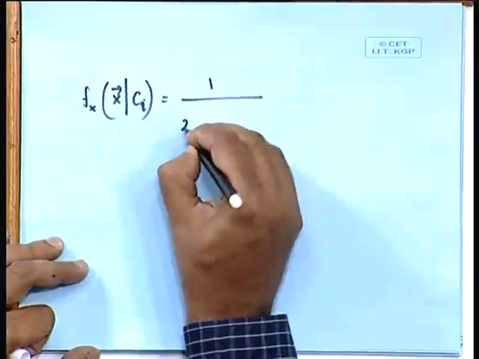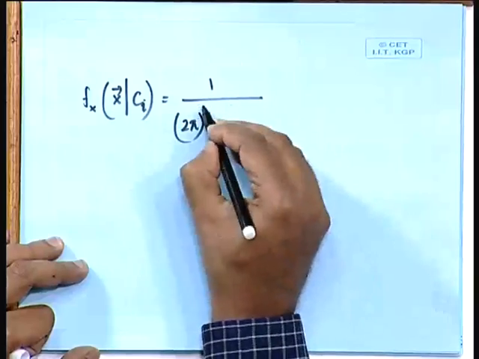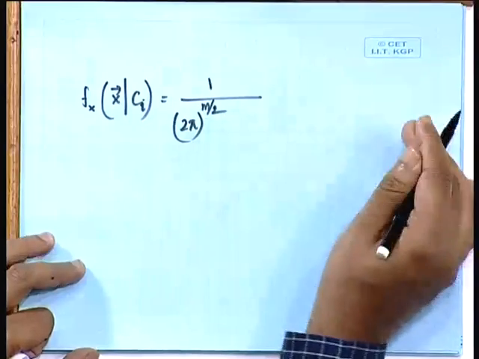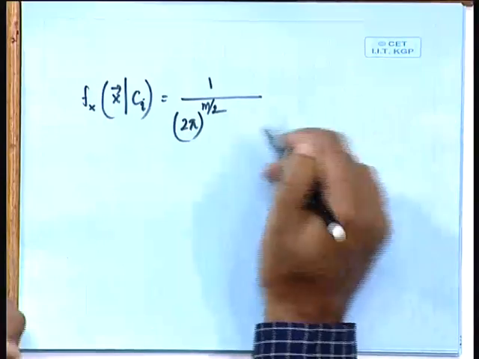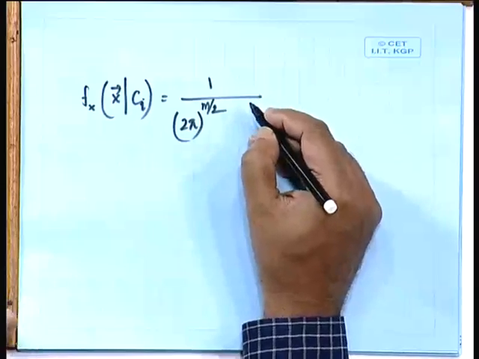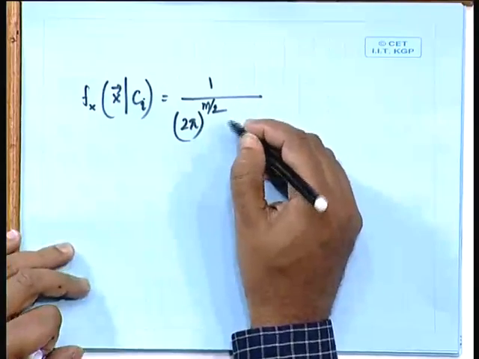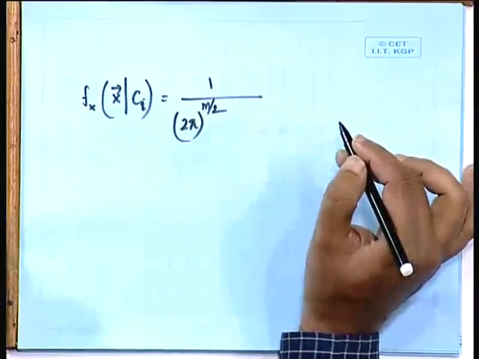So, let us write down the Gaussian distribution expression considering an m dimensional case. We write f_X(x given Ci) equal to 1 upon (2 pi) to the power m by 2, where m is coming because of the dimensionality that is involved.